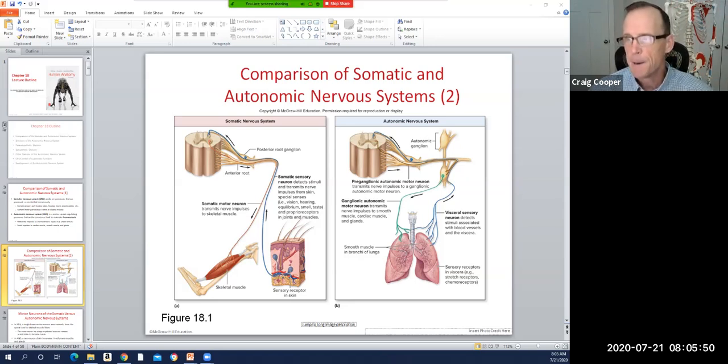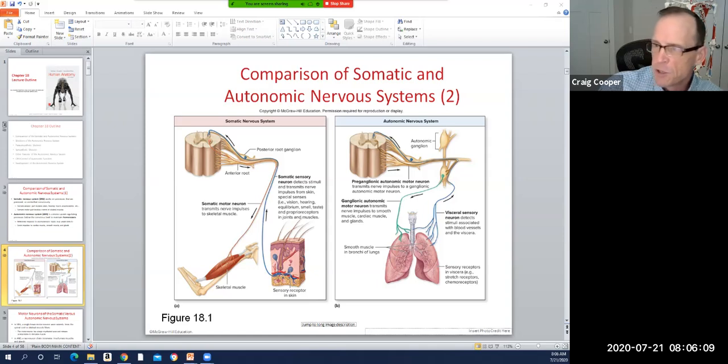But there's usually going to be interneurons at that level in the spinal cord that are also going to send a stimulus to the muscle, the motor neuron that controls the muscle fibers that we're trying to react, if we need to move in response to that stimulus or something along those lines.